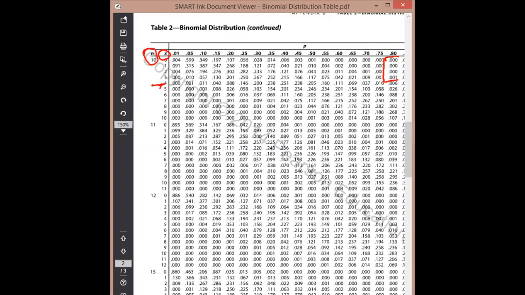Okay, now let's say we want to find the probability that X is greater than 4. In other words, we want the probability that it's 5, 6, 7, 8, 9, or 10. There are two ways you can do that. You can use complements.